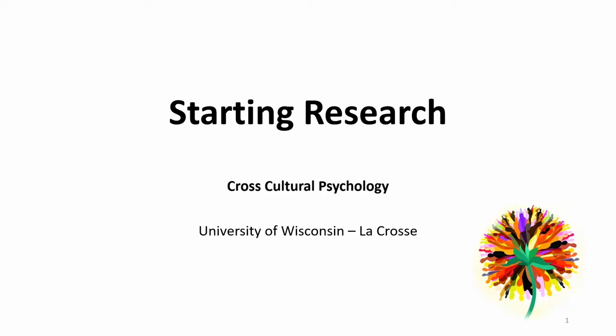What do you do when you are studying cross-cultural psychology and you are getting ready to do a study? Well, there are various things that you should consider before starting your research.